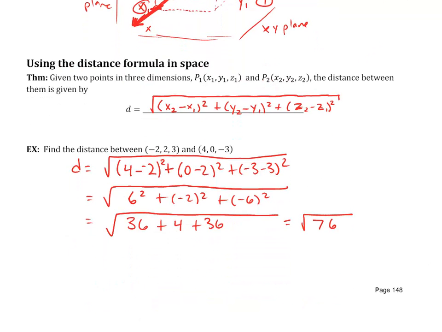And we could simplify that as a radical. That's 4 times 19, so this would be 2 square roots of 19.